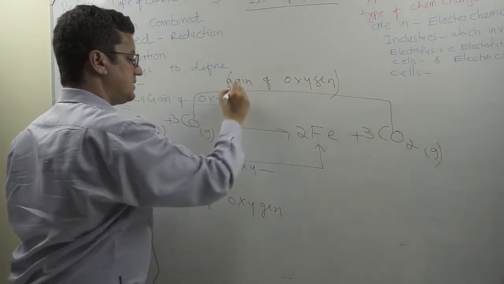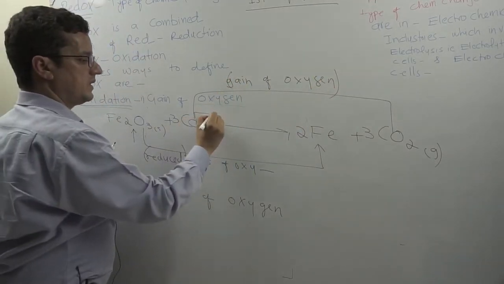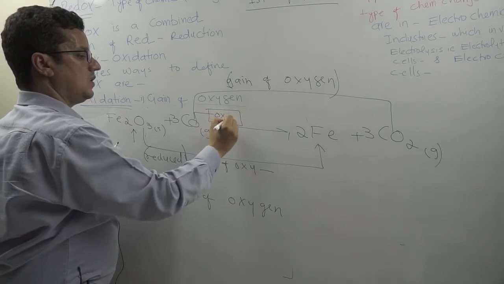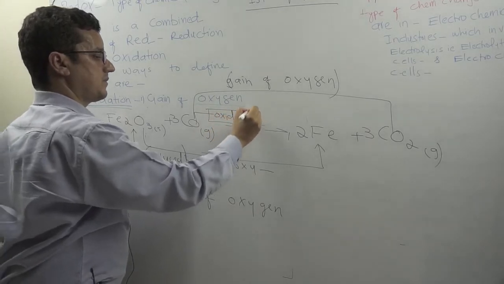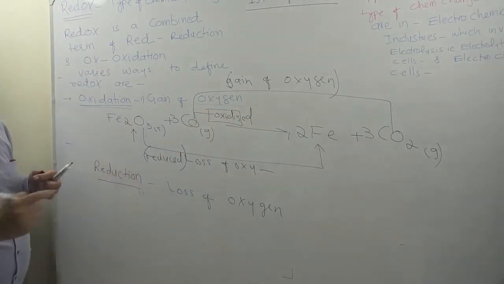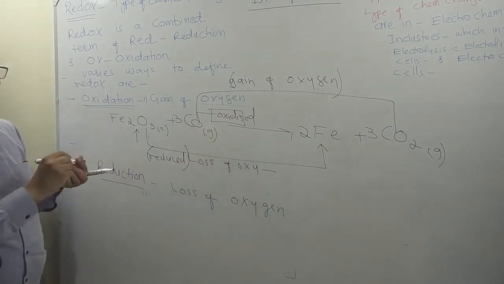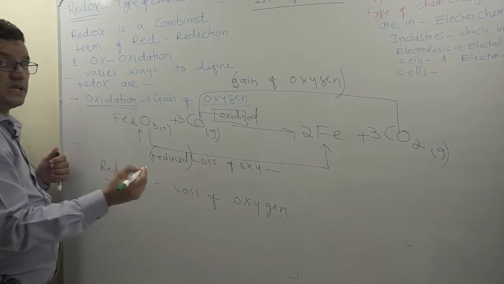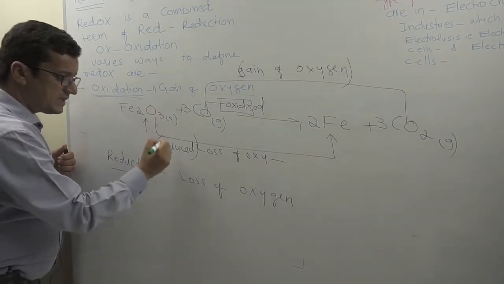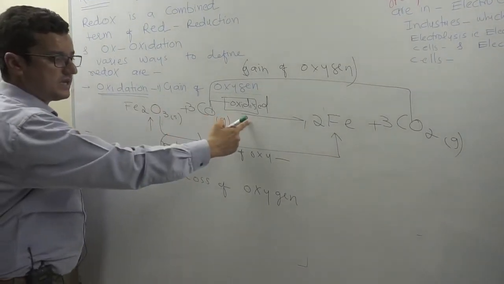The definition says gain of oxygen is oxidation, so it is oxidized. Now if one substance is reduced, the other is oxidized. If it is oxidized, the other is reduced. So they are simultaneous or coupled reactions.